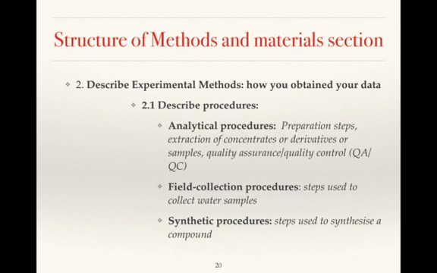In some journals, particularly those describing analytical procedures, this sub-move also includes procedures used to ensure the accuracy and precision of the work. Such procedures are described as quality assurance and quality control, and you can see an abbreviation here. This abbreviation refers to quality assurance and quality control, and it involves a standardized method used to verify the quality of the data.